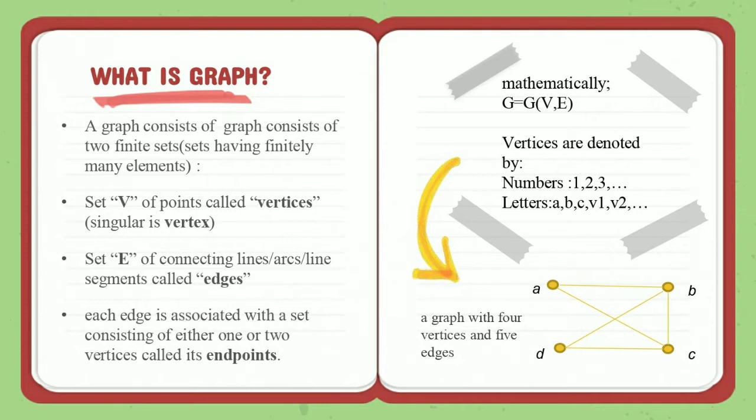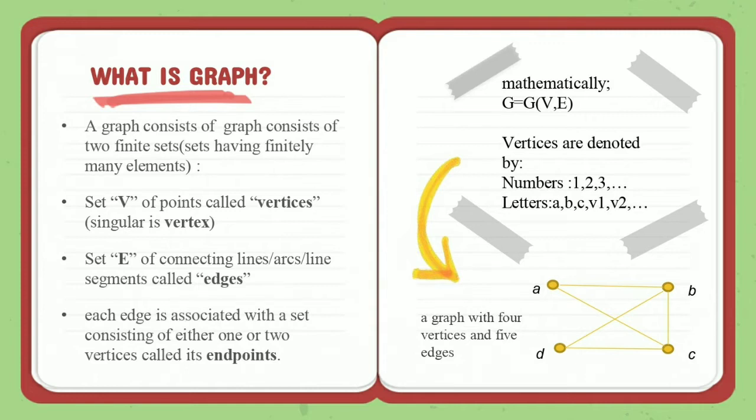For the example below, there are points A, B, C, and D. These 4 points are called vertices, and the lines connecting A to B, B to C, C to D, and D to B are called edges.